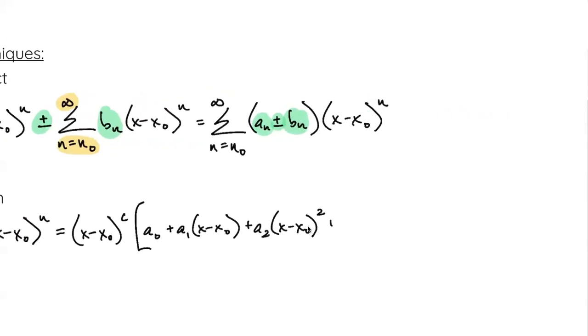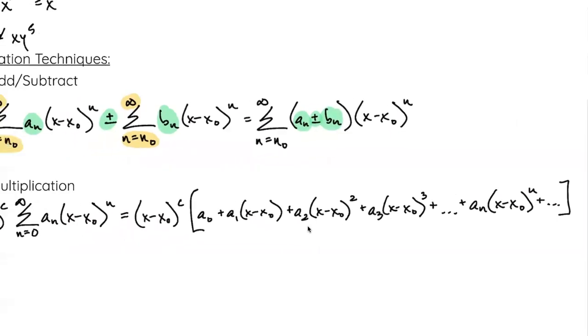Maybe we'll do one more just for good measure, a sub 3 x minus x naught cubed plus, and at some point it's going to be plus a sub n x minus x naught to the n, right? There's going to be an nth term somewhere in there, and then we keep going until we get to infinity.